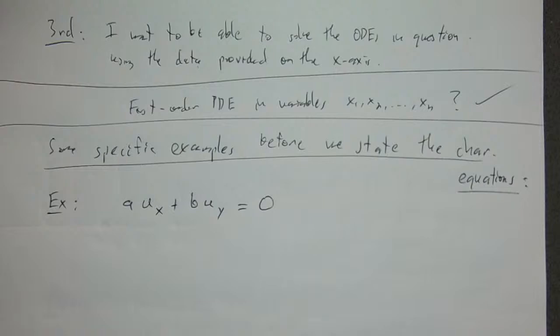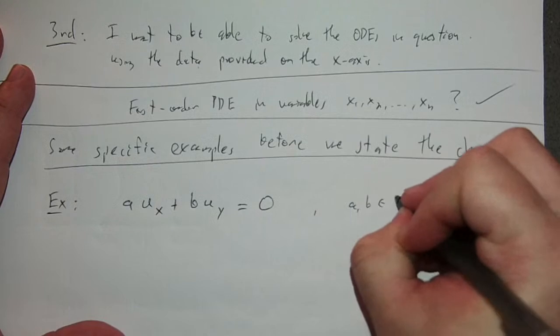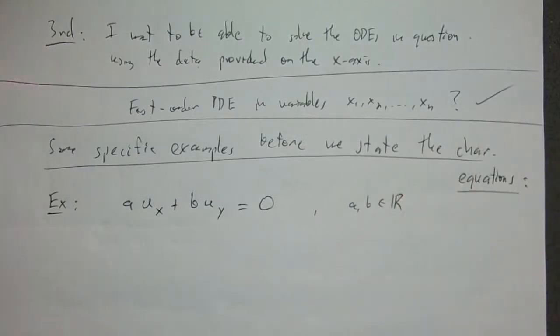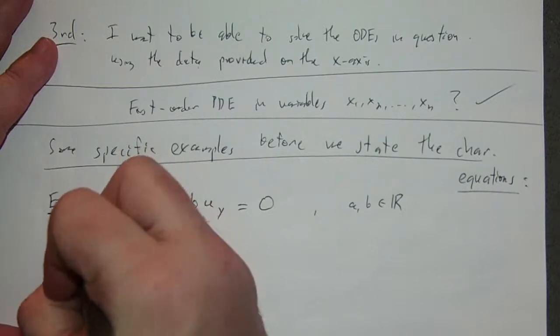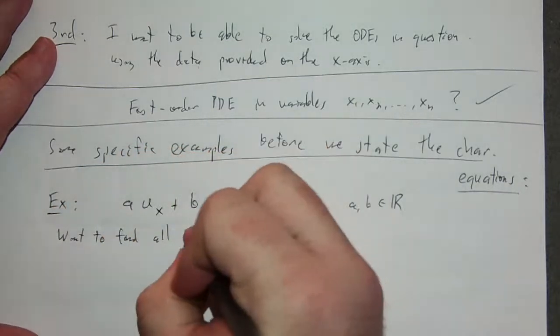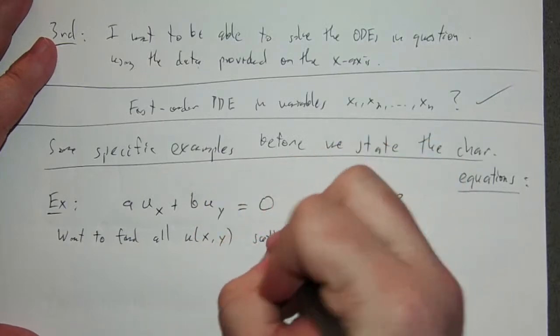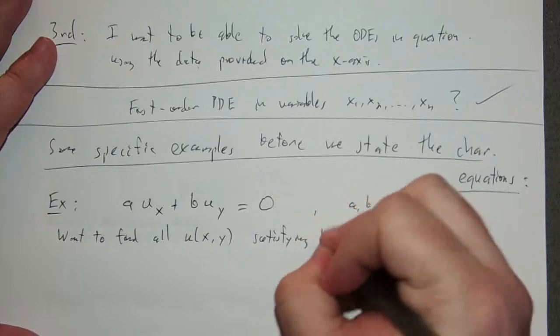A and B here are just real numbers. And I want to find all functions u of x, y satisfying this PDE.